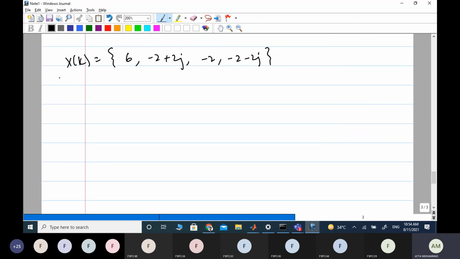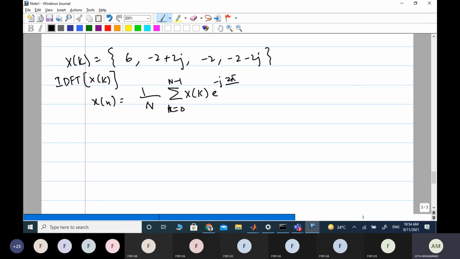Now what we wish to compute is the inverse DFT of this X of k, which is x of n, and that is given by the formula 1 over N, summation k from 0 to N minus 1, capital X of k e to the power minus j 2 pi by N times k times n. Now you can see the length of this signal: N is 4, right?